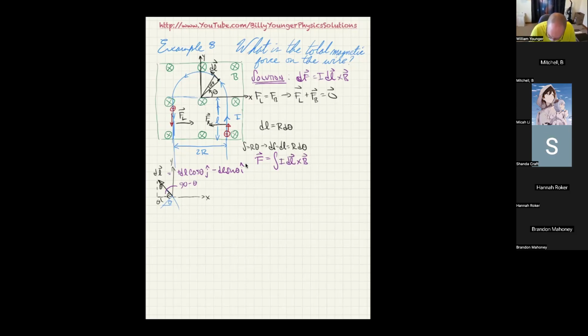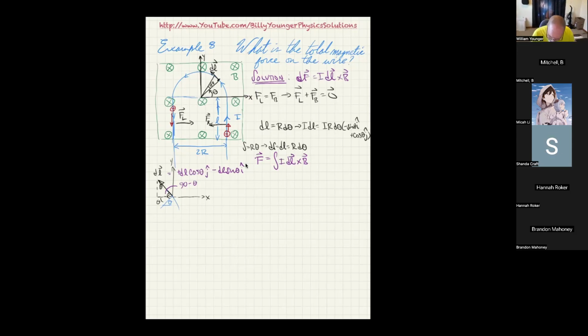When I go to compute that part, let's do this in black. I dl becomes I times R times d theta times what I had for that vector, which is negative sine theta i hat plus cosine theta j hat. That's the vector we just worked out.